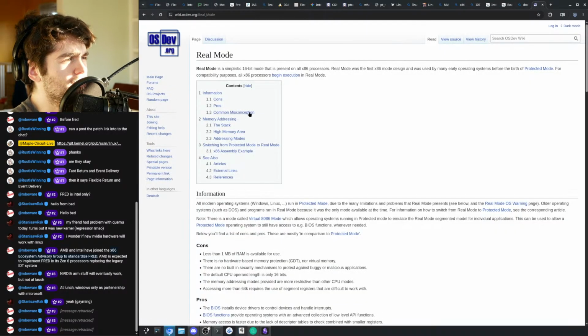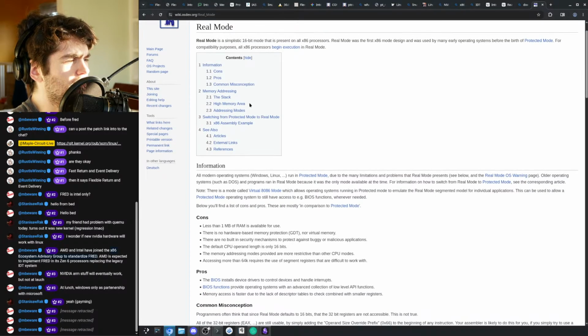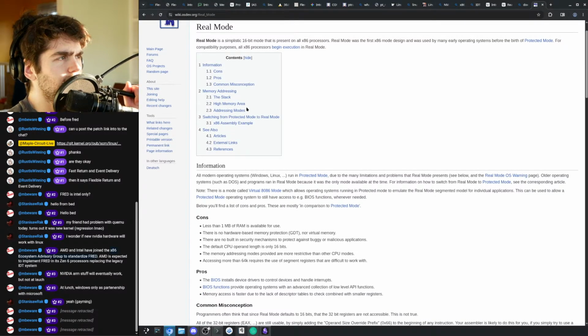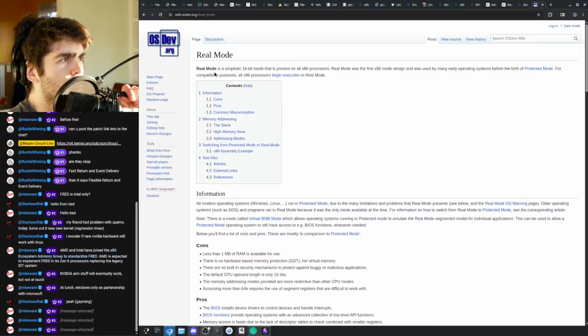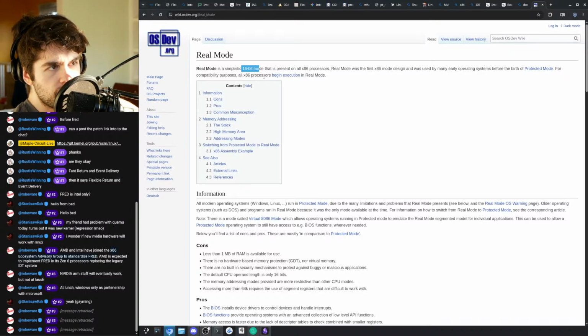Am I wrong? Real mode is a simplistic 16-bit mode that is present on all x86 processors. Real mode was the first mode designed and was used by many early operating systems before the birth of protected mode. Okay, cool.